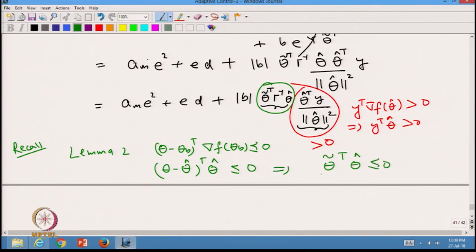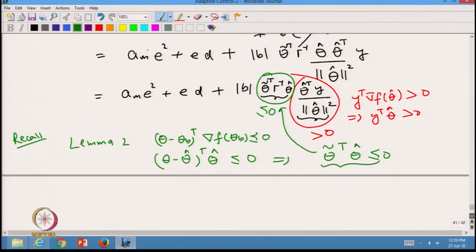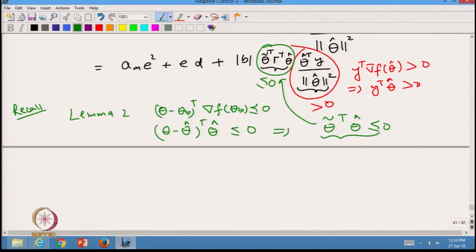So can we use that information somehow here? Yes, we can, because gamma inverse is a positive definite matrix, and since theta tilde transpose theta hat is less than or equal to 0, this term is in fact less than or equal to 0, since this is a positive term. Since this term we have proved to be positive, and this term is less than or equal to 0, the combined term is less than or equal to 0.